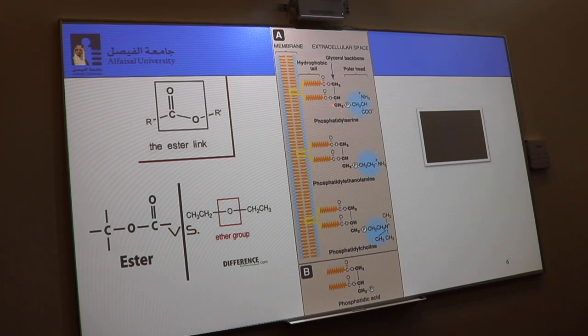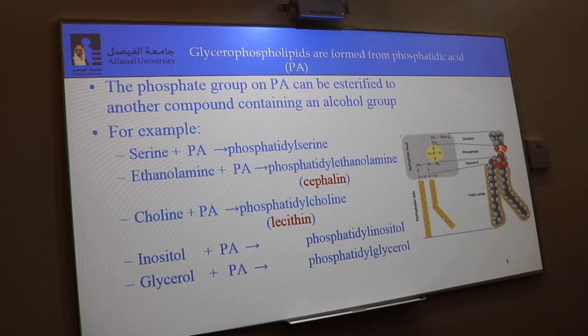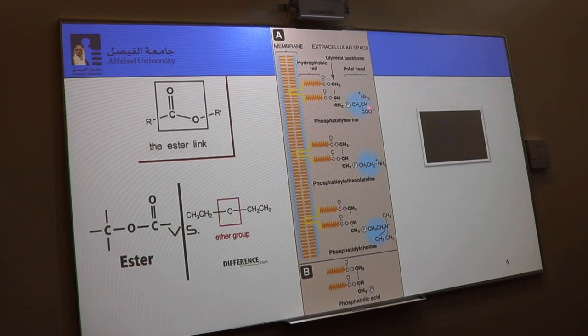At carbon number 3, what do we have? Phosphate. This part is called phosphatidic acid, and the blue one here is the head, this head that we were talking about. If this head is serine, we call it phosphatidylserine. If this head is ethanolamine, it's phosphatidylethanolamine. If this head is choline, it is lecithin. And this is phosphatidic acid without a head.